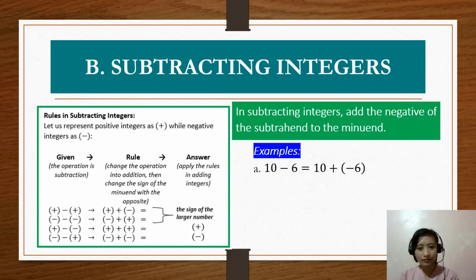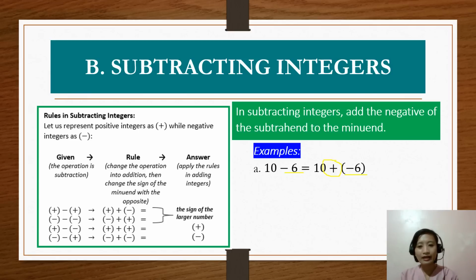What did you observe? We have changed our operation into addition and then changed our subtrahend into its opposite. Since in our original problem we have positive 6, it will be changed into negative 6. That's why we can rewrite 10 minus 6 as 10 plus negative 6.